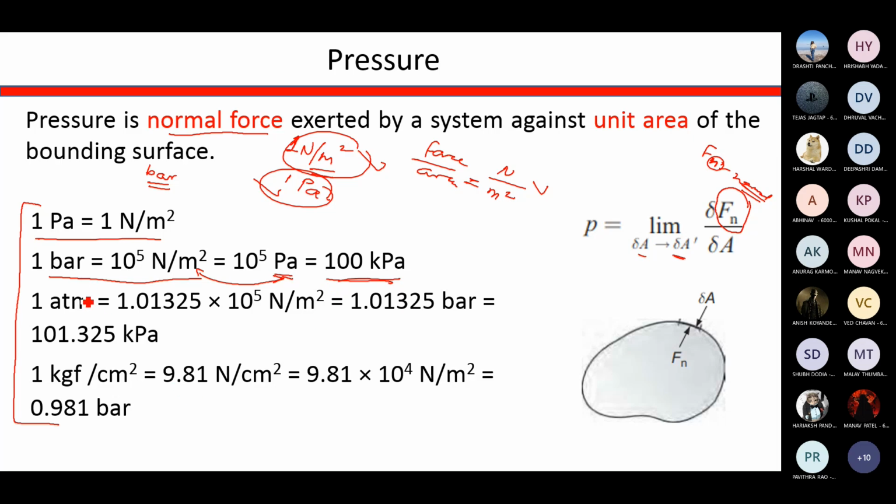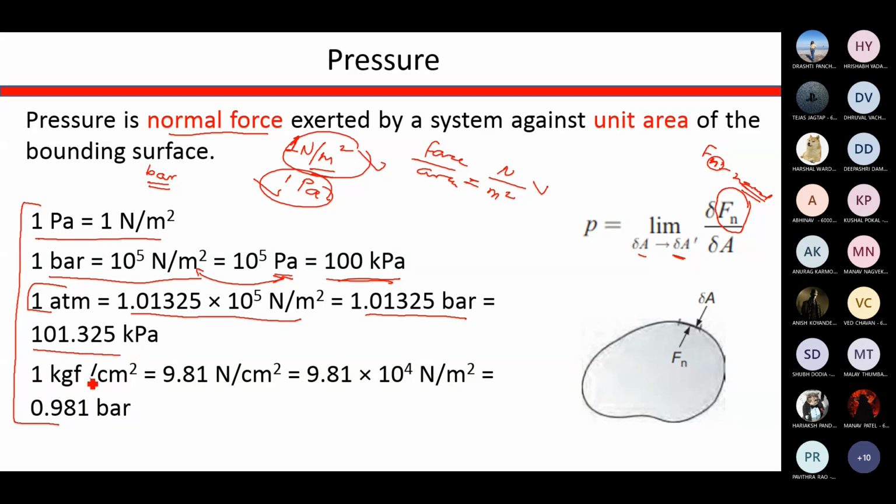So we have one more unit for pressure. We measure it in terms of atmospheric pressure. So what is 1 atmospheric pressure? 1 atmosphere is, you can note down this value, 1.0132 into 10 raised to 5 Newton per meter square, or 1.0135 bar, or 101.325 kilopascal, one and the same.